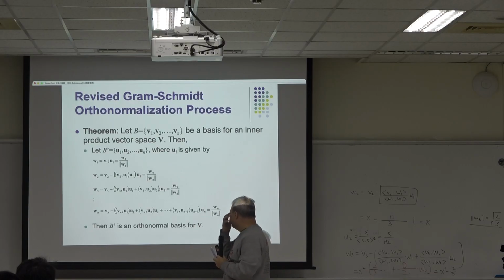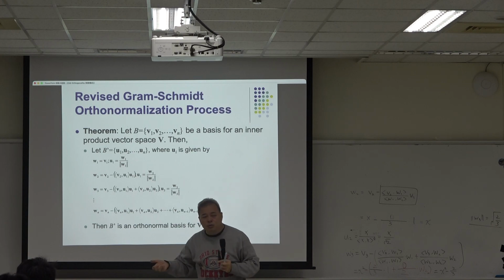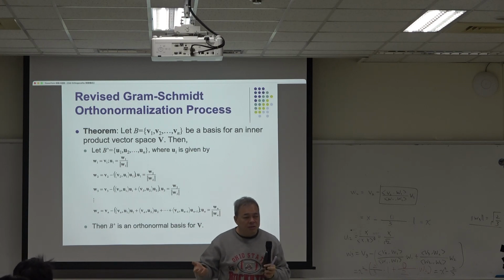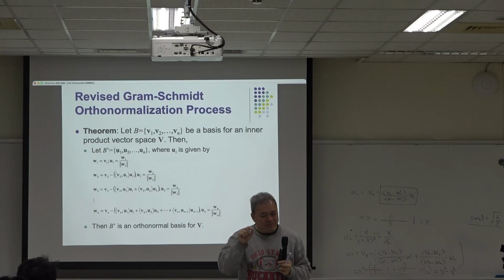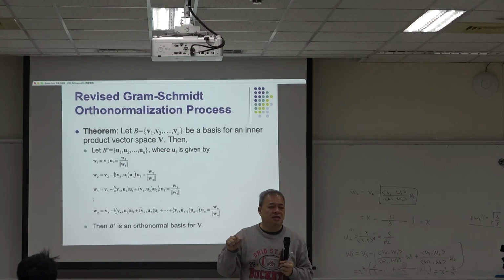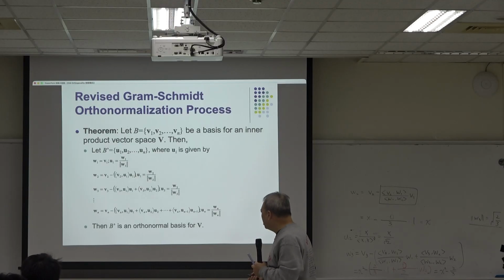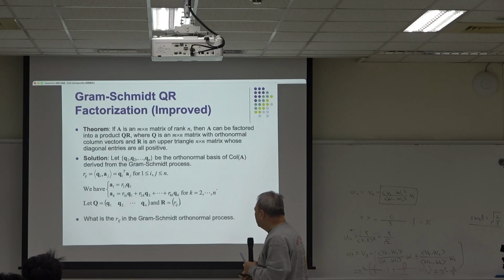We just combine these two. Why do we need to do this? Because there's something very interesting here. It has something to do with matrix decomposition, that we are going to talk about here.